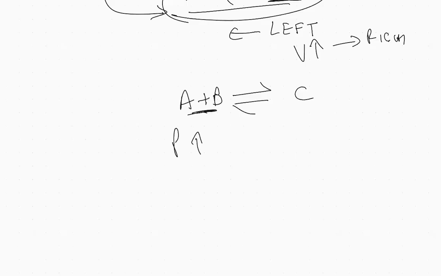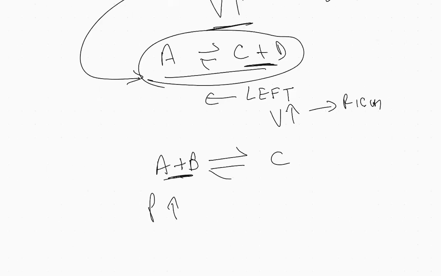Increase the pressure, it moves to the right. I reduce the pressure, it moves to the left. In the other case, the opposite happens. So I don't have to go into detail, but you understand what I mean.